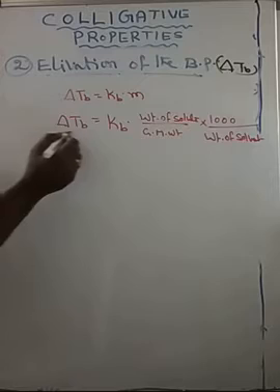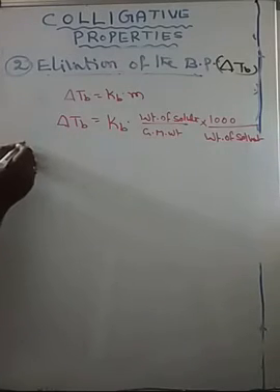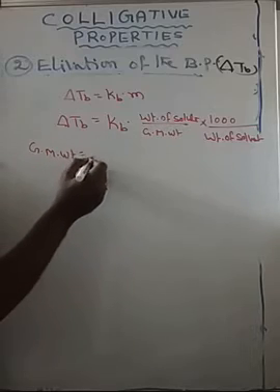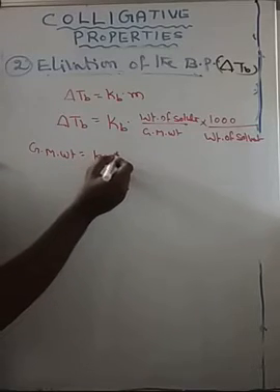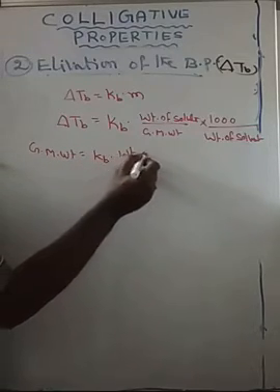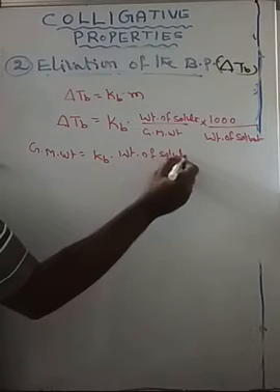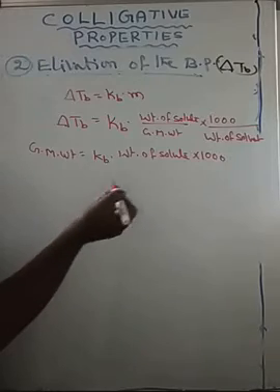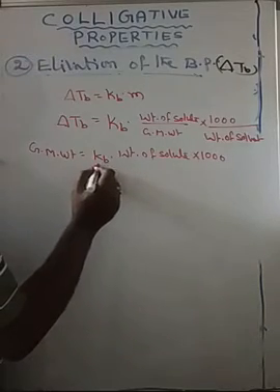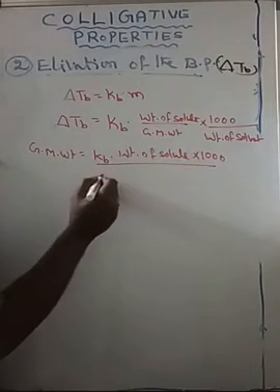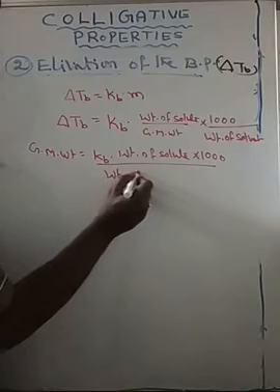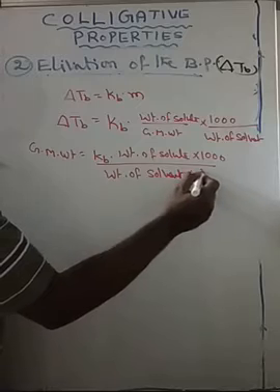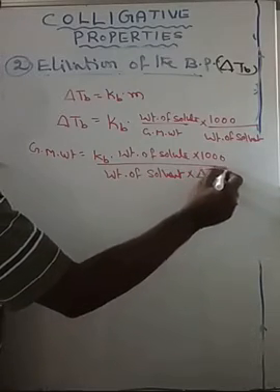Then, to find the gram molecular weight, gram molecular weight is equal to Kb into weight of solute into 1000, divided by weight of solvent into delta Tb.